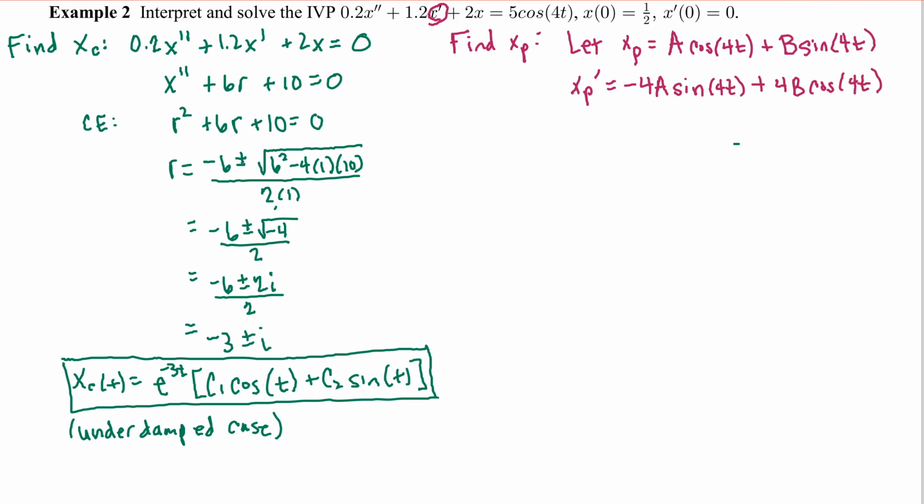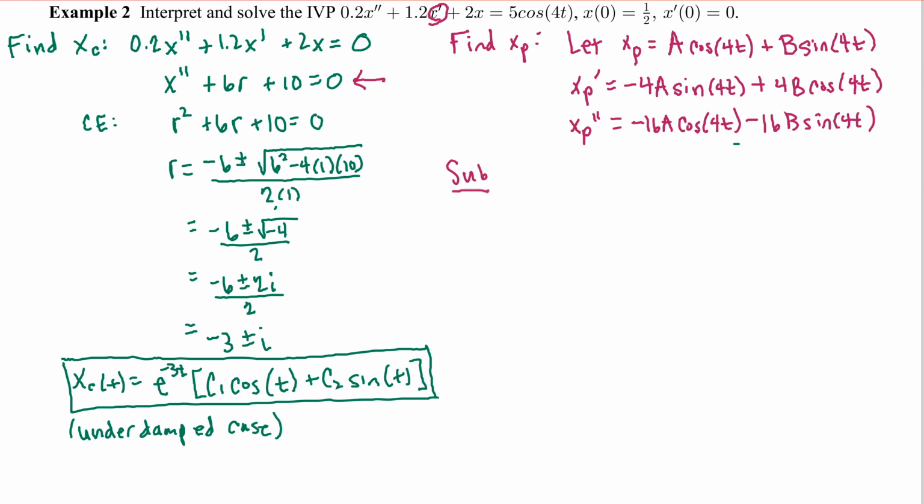There's our first derivative. Second derivative, x sub p double prime, is going to be negative 16a cosine of 4t minus 16b sine of 4t. Okay, so we're going to sub this into our, I'm going to use the simplified differential equation.